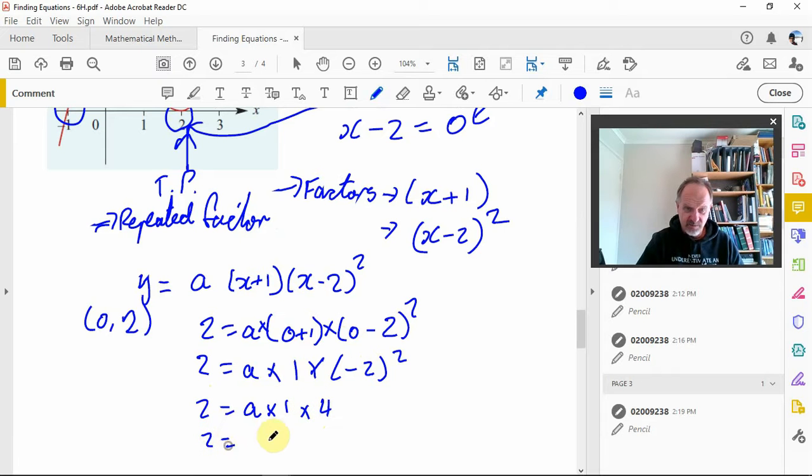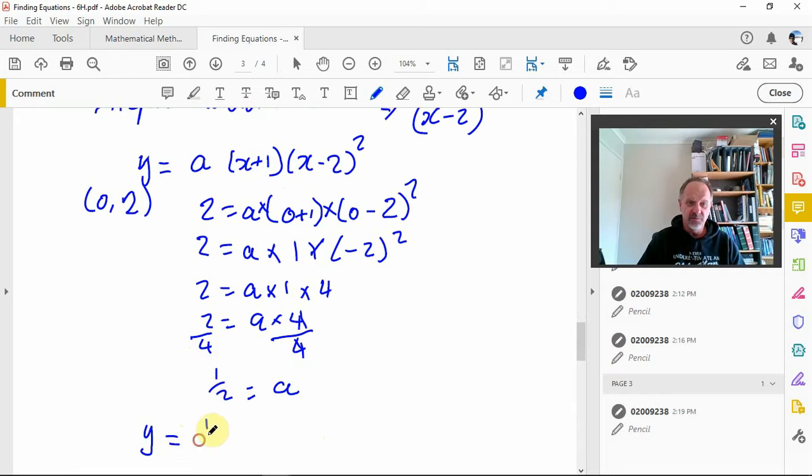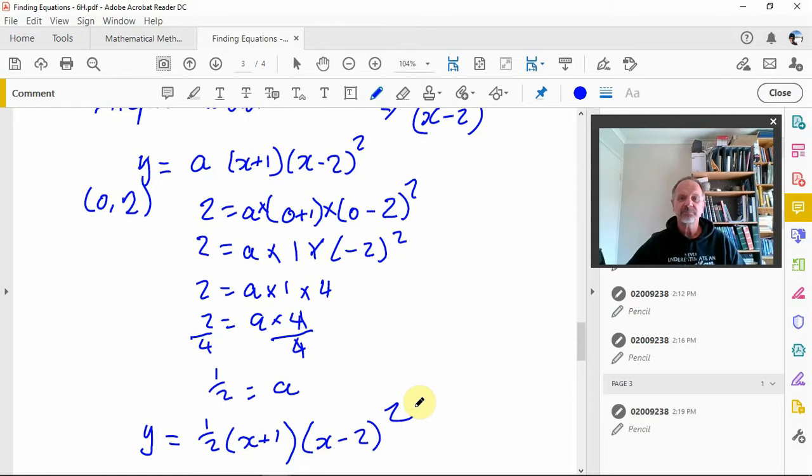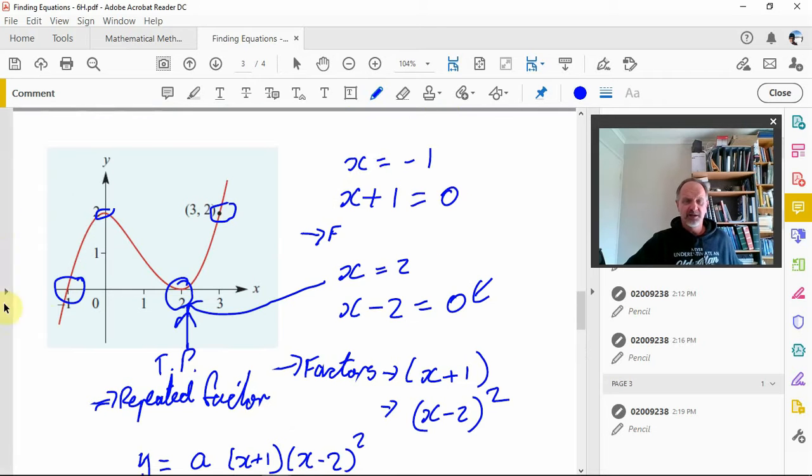So 2 equals a times 4. Divide by 4 both sides, cancel there, and that is a half. All right, so our equation then is y equals 1/2 x plus 1 times x minus 2 squared. So there's our equation, taking information from the graph.